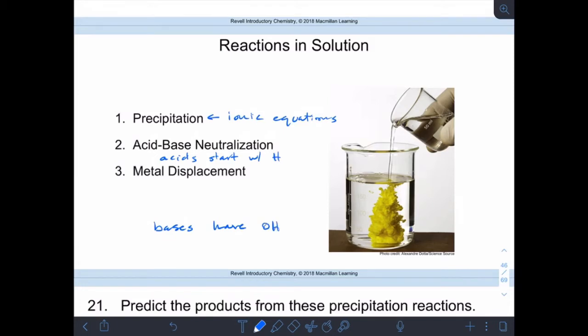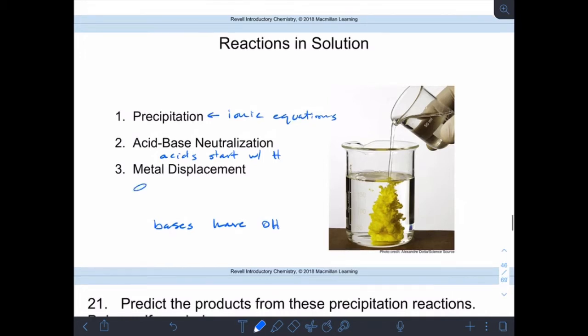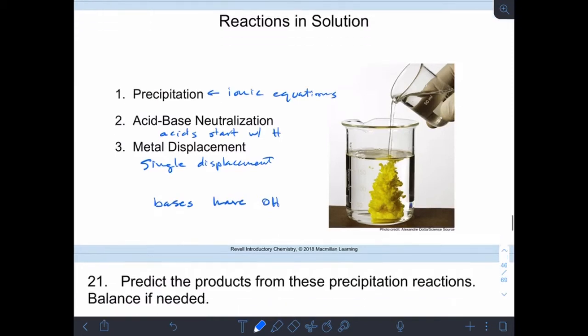Okay, so you need to be able to recognize when you're dealing with acids and bases coming together. And then the metal displacement, you've seen that one before, but we've called it a single displacement reaction. Okay, so you'll recognize all 3 of these reaction types.